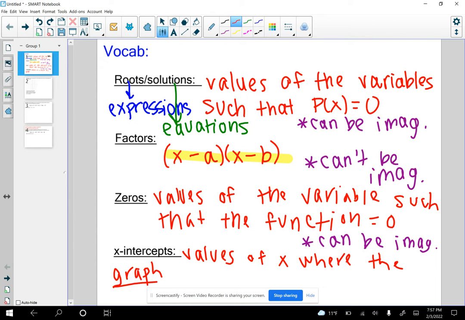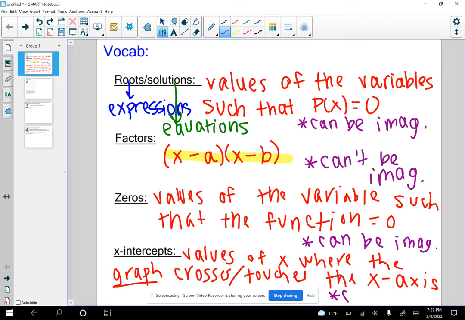So this one with the graph crosses or touches the x-axis. Okay. And now we've talked quite a few times about this. If we visually see them, they're not imaginary, so x-intercepts can't be imaginary.